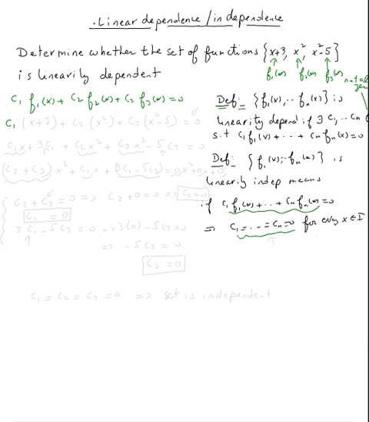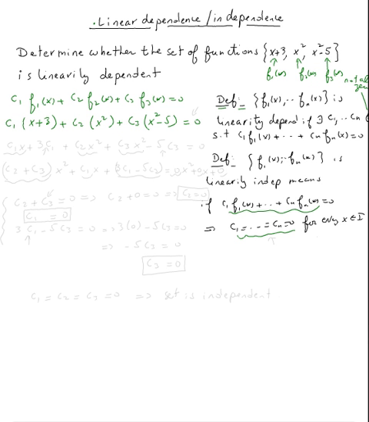So c1 times our first function, which is x plus 3, plus c2 times the second function x squared, plus c3 times the third function, which is x squared minus 5. We set this equal to 0, and then we see if we can find c1, c2, c3, at least one of which is not 0.